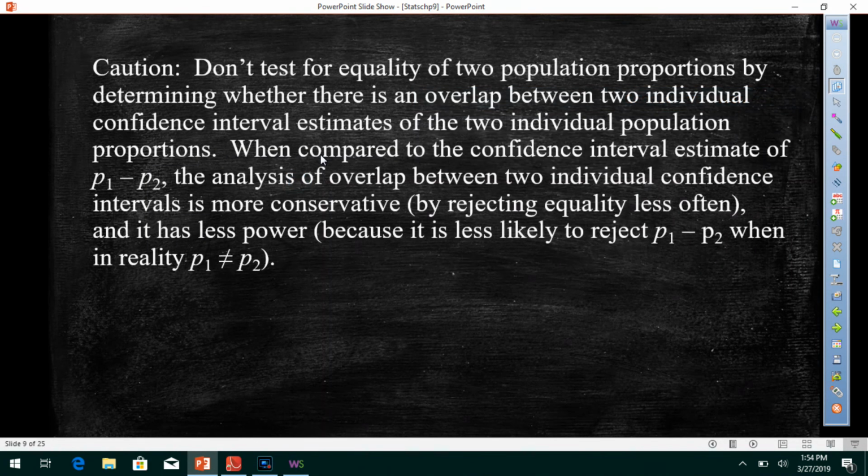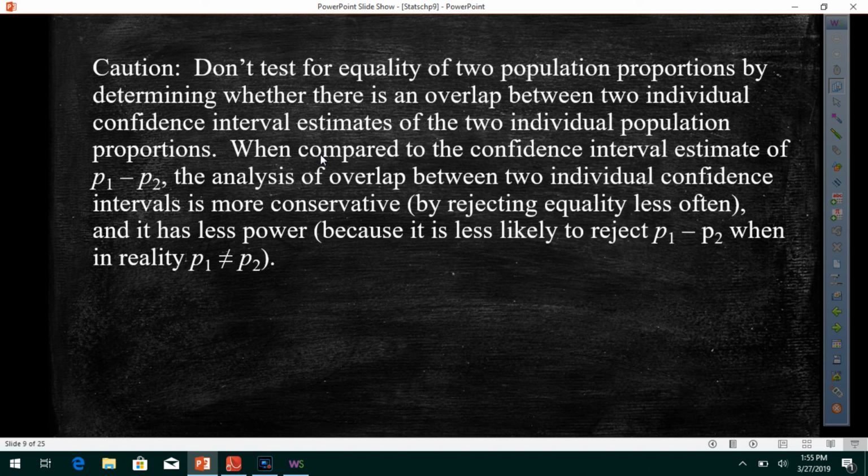All right, last slide here. Caution. Don't test for equality of two population proportions by determining whether there is an overlap between two individual confidence interval estimates of the two individual population proportions. Boy, that's a mouthful.